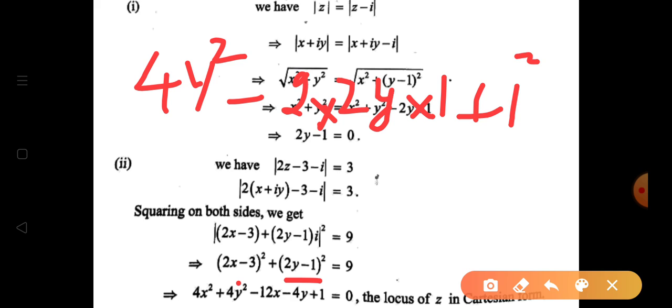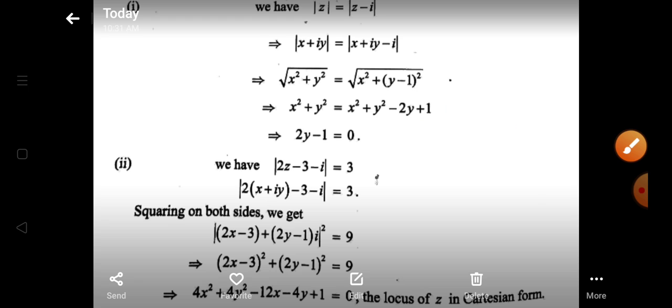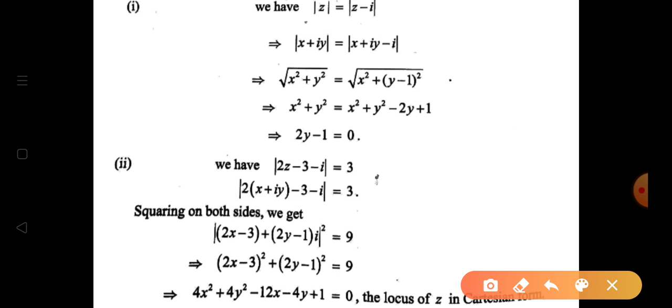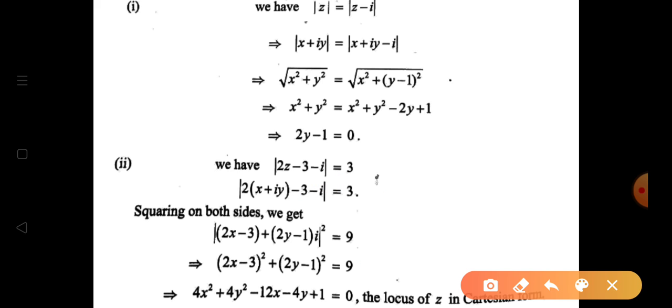Then where is 9? We already have 9 on the left hand side, 3 square, and on the right hand side 9 is here. So 9 and 9 cancelled. We get the final answer, 4x square plus 4y square minus 12x minus 4y plus 1 equal to 0.